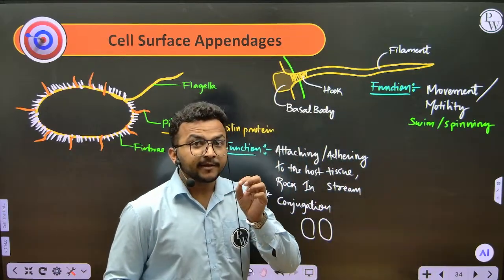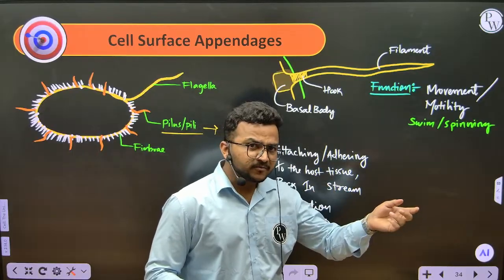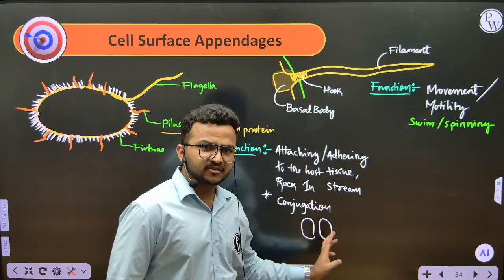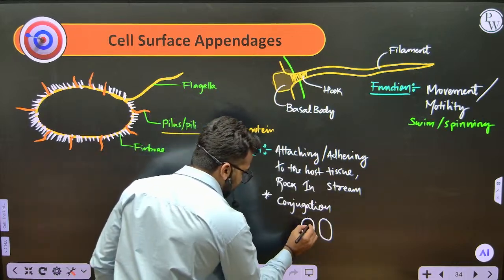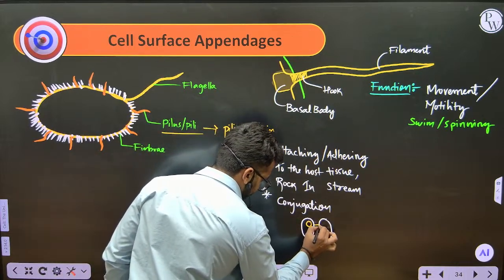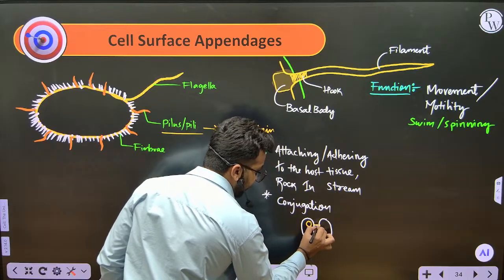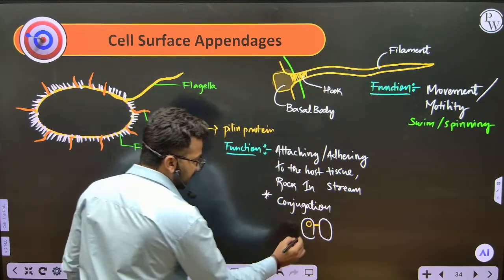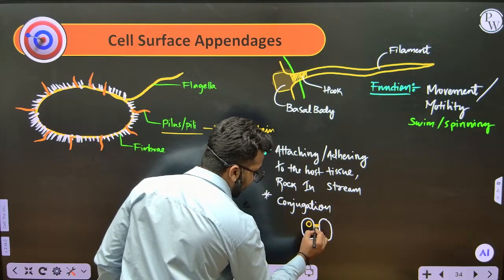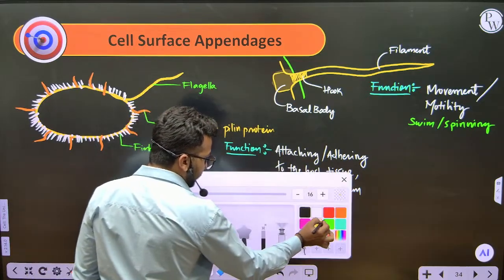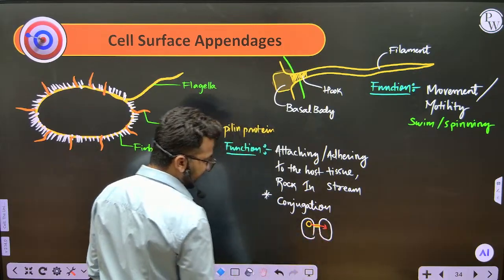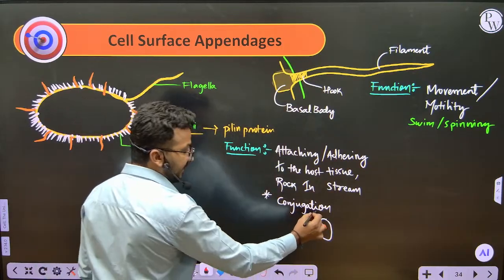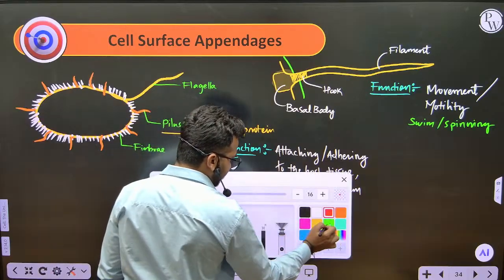But a kind of sexual reproduction is seen in case of bacteria. To exchange the genetic material or the DNA, this pilus will connect with the another bacteria, through which this bacteria's DNA will be transferred. That process we call as conjugation.